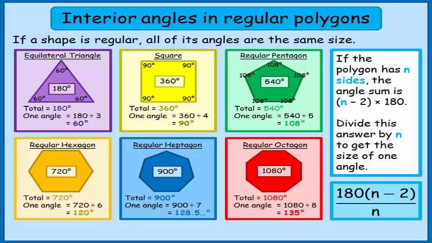Regular polygon. It is one whose all the sides and angles are congruent. In such cases, we can easily find the measure of each angle of a polygon if we know the number of sides of polygon.